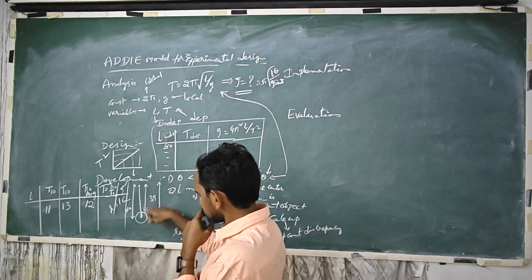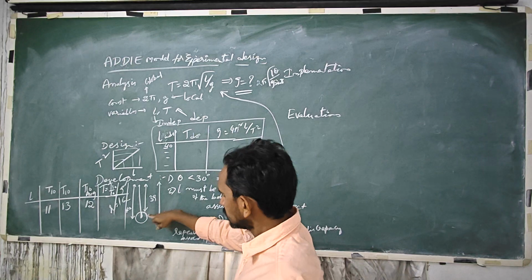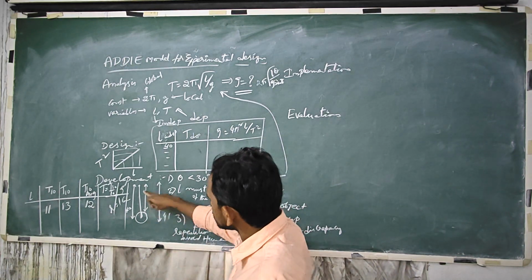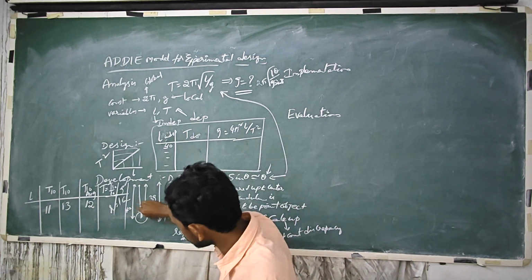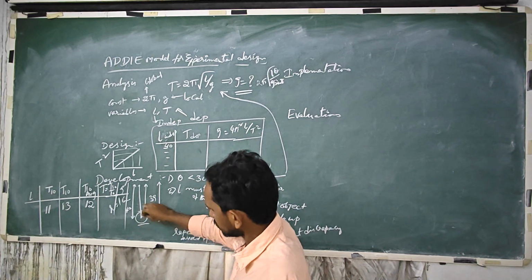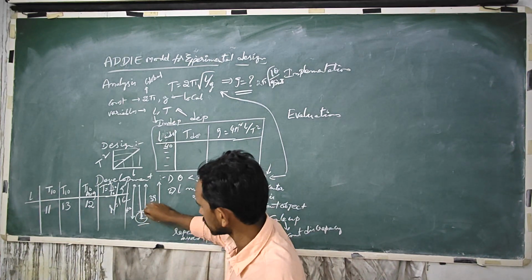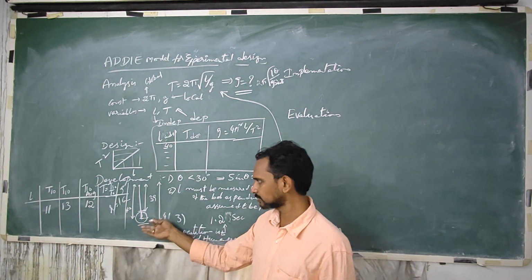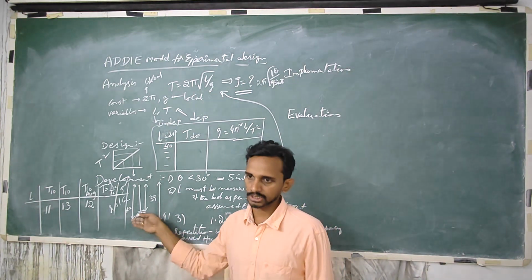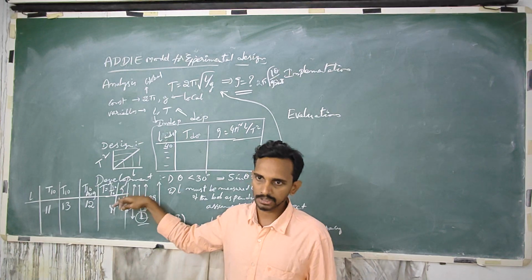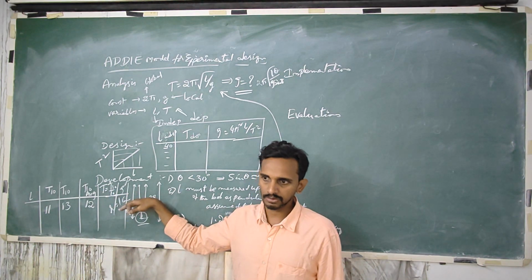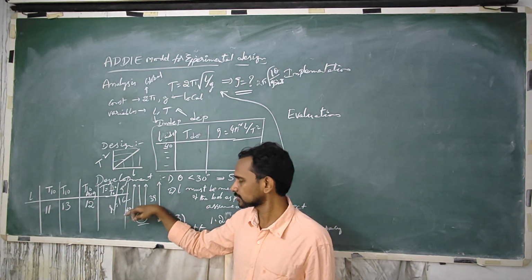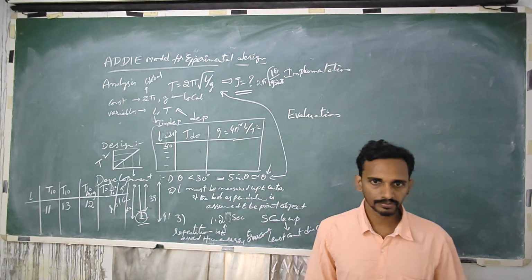So I have considered the possible errors in the measurement of L, and I'm ensuring how to measure the length up to the center of the bob. I'll measure up to the bottom of the bob and subtract the radius, or I'll measure the length up to the top portion of the bob and add the radius.